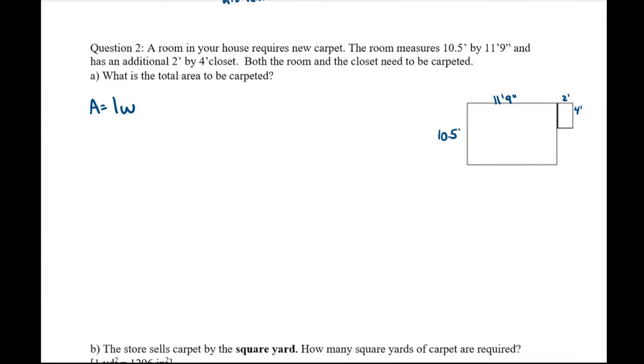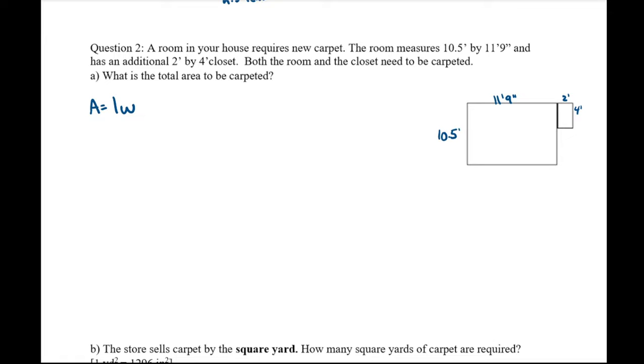So I don't need to worry about breaking this up. It does look like a composite shape, but I already have enough measurements to calculate each shape individually. The only issue here is I need to get all of these units to the same unit, right? Because I have feet, feet and inches, and then just feet.